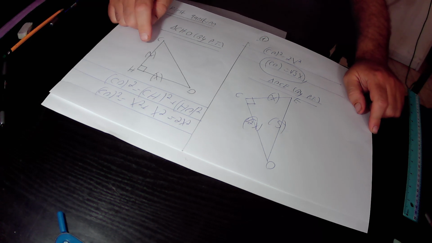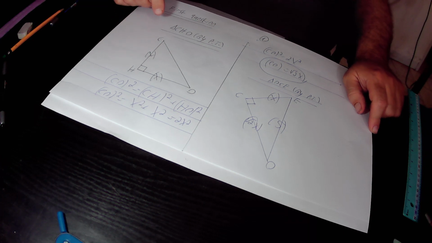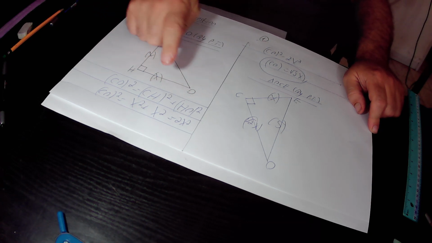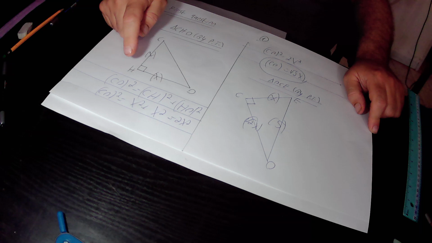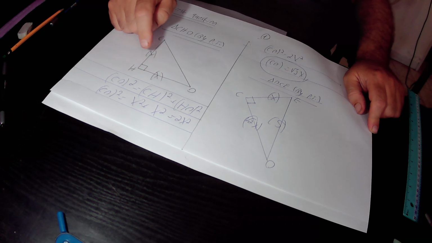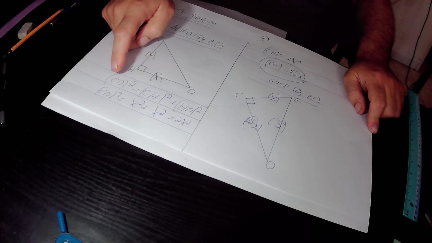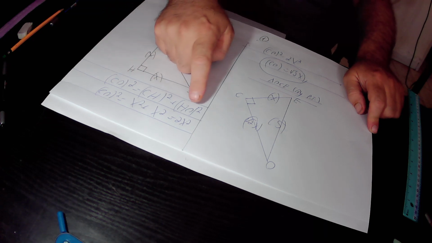So in the right triangle CHO, according to the Pythagoras theorem, CO square equals CH square plus HO square. CO is the missing side, so we leave it as it is. CH is x, therefore CH square is x square, plus HO square. HO is also x, therefore HO square is x square. So in total, CO square equals x square plus x square, that is 2x square.